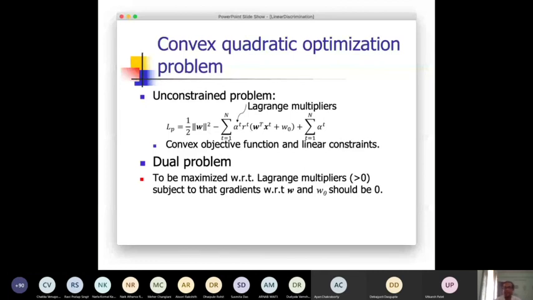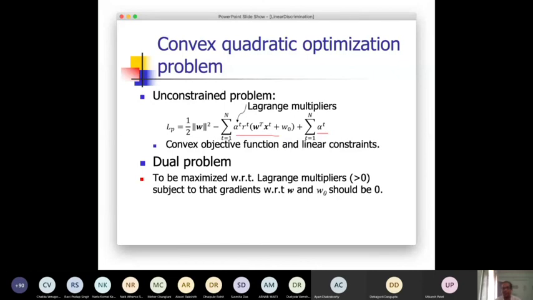But if I take the gradient with respect to individual Lagrange multiplier parameters, I'm simply getting those conditions back only. So I'm not really moving ahead. I'm not going to get anything new from this computation. It's the same computation. I'll be minimizing with respect to W, and I'm lining up with the same constraint.